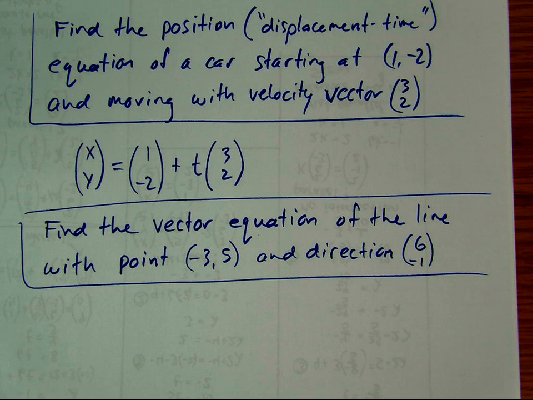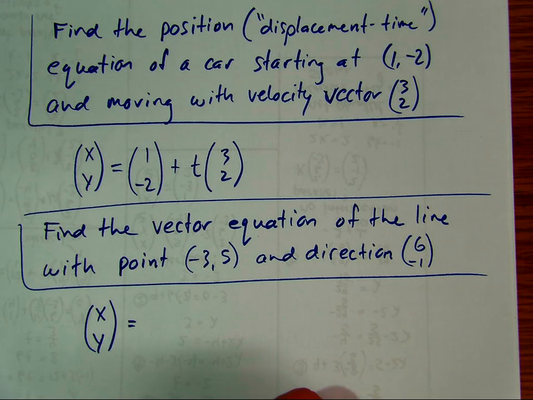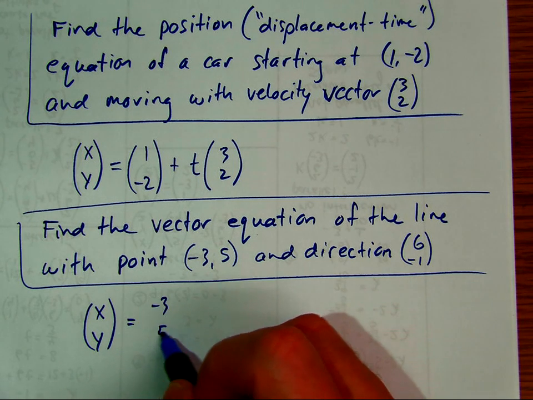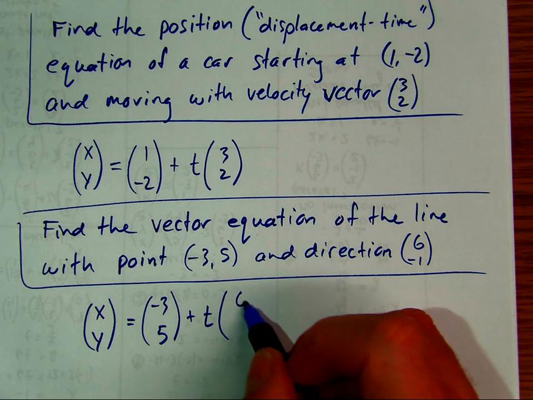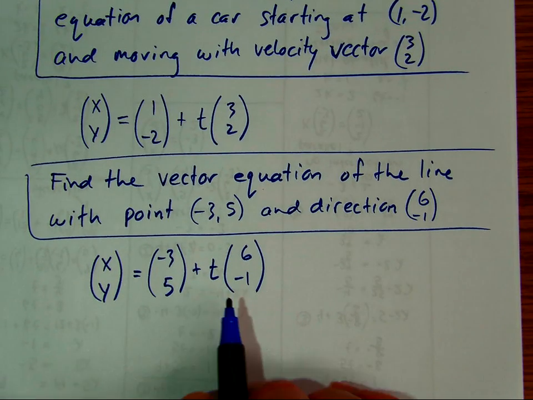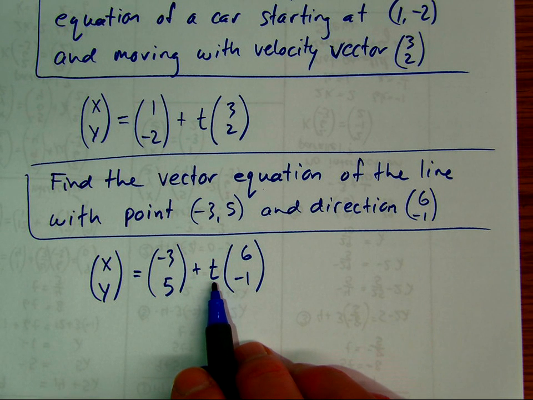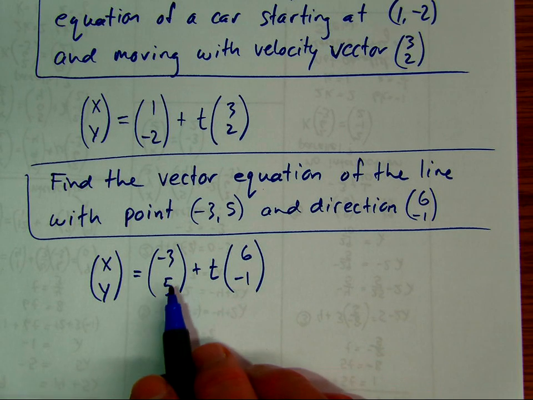So pause the video and try writing this equation. Starting point and a multiple of the direction. So by multiplying by all fractions, by all real numbers, we can get to any point along the line.